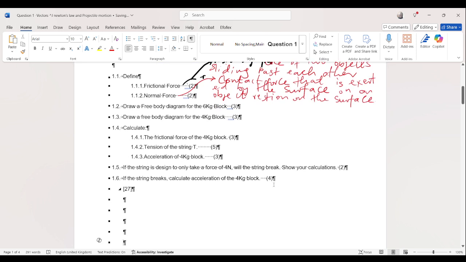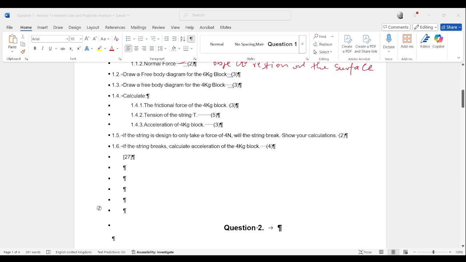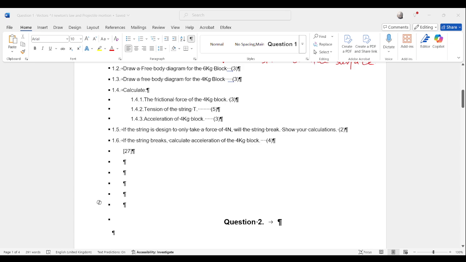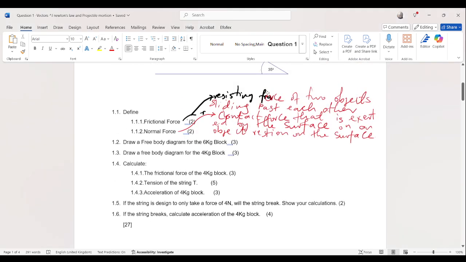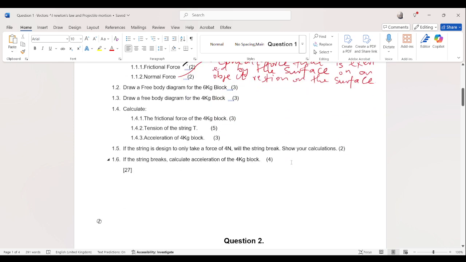Okay. Now, what is the free body diagram? A free body diagram shows all the forces that are acting on the object. Now, the free body diagram for the 6 kilogram object will be like this.